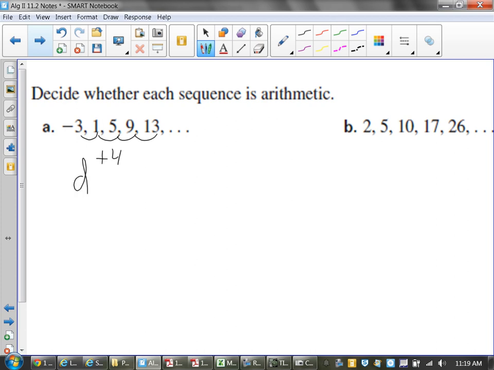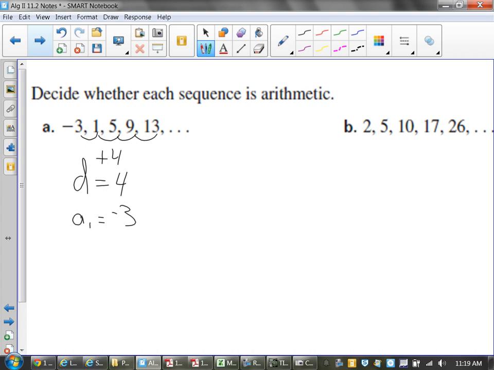So you say your difference is 4. What's the first term in that sequence? -3. So we identify the common difference, and we also identify the first term. We use subscripts. A sub 1 means that the first term in that sequence is -3. Hence why the 1. Okay?